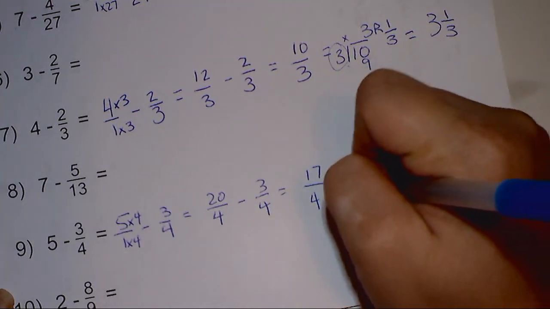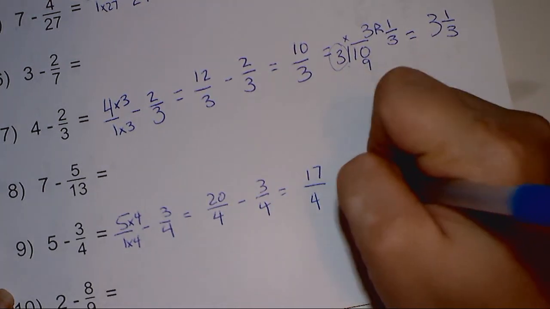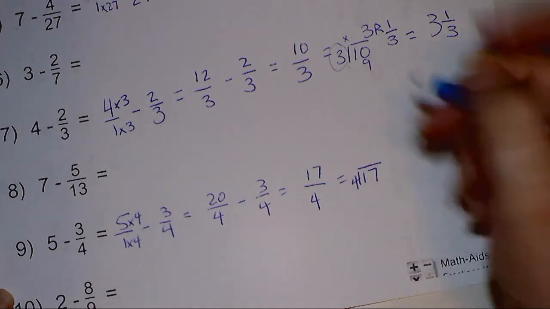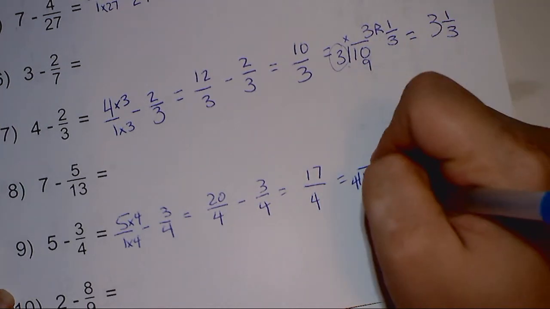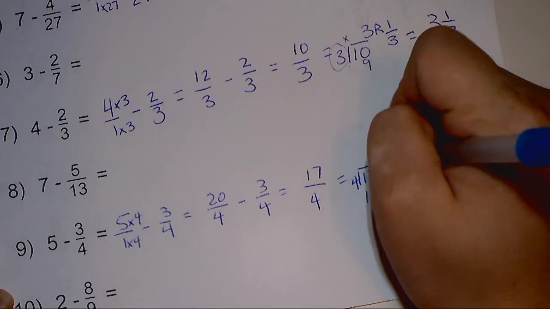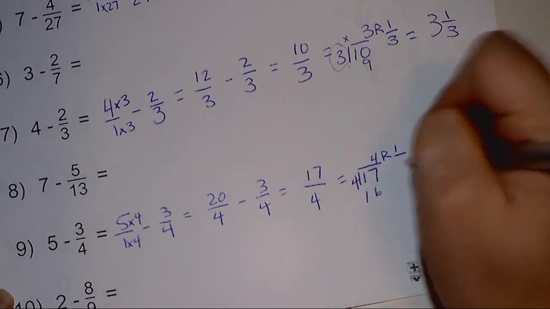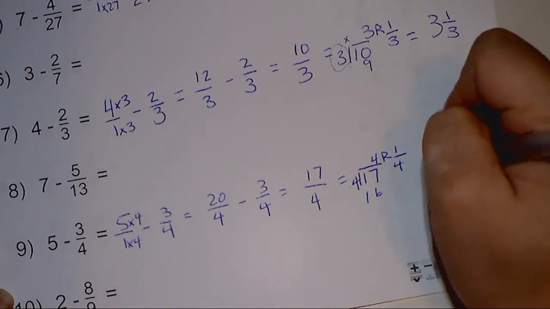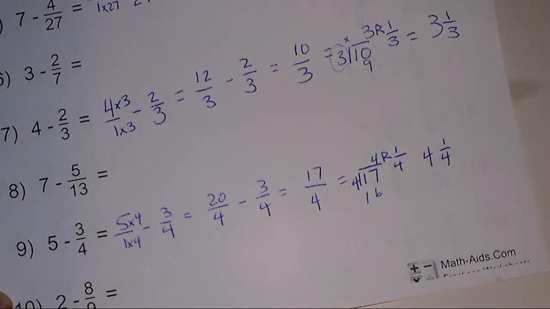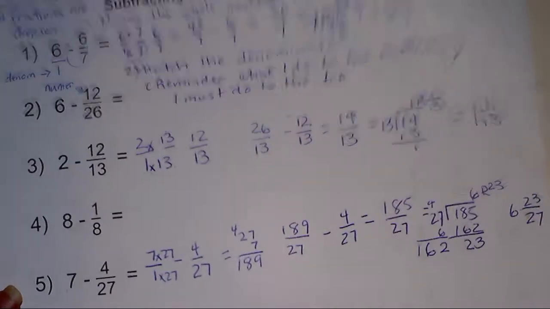So then, 17 divided by 4. Using mental math, they should know 4 times 4 is already 16. So remainder is 1 out of 4. So 4 1/4.